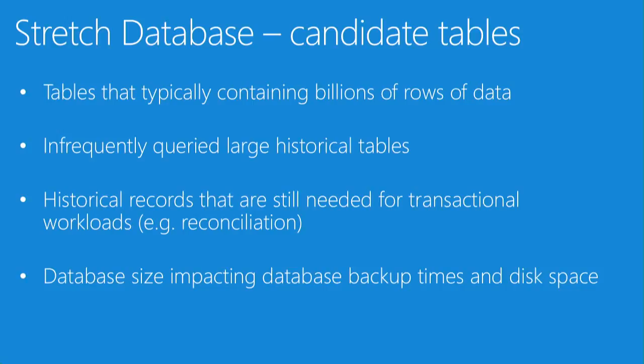There might be financial transactions that need to be validated against a much broader set of historical transaction data. In that scenario, you could use this hybrid architecture between the hot and the cold data to do some of that reconciliation process as well. So these scenarios could work, but again, you'd have to really test your particular workload to make sure it's suitable for that scenario.